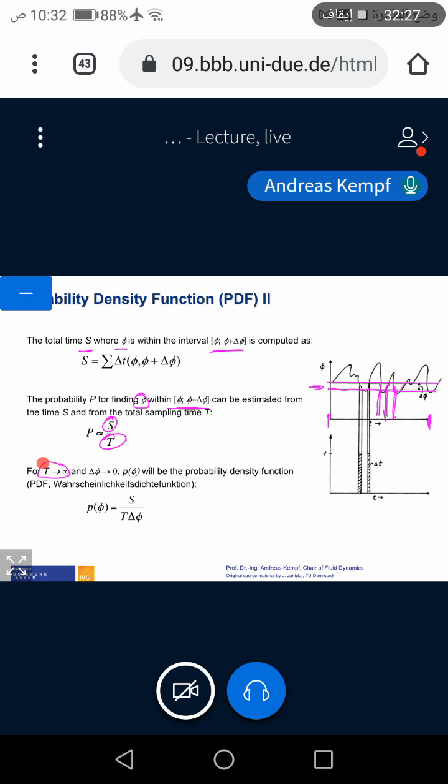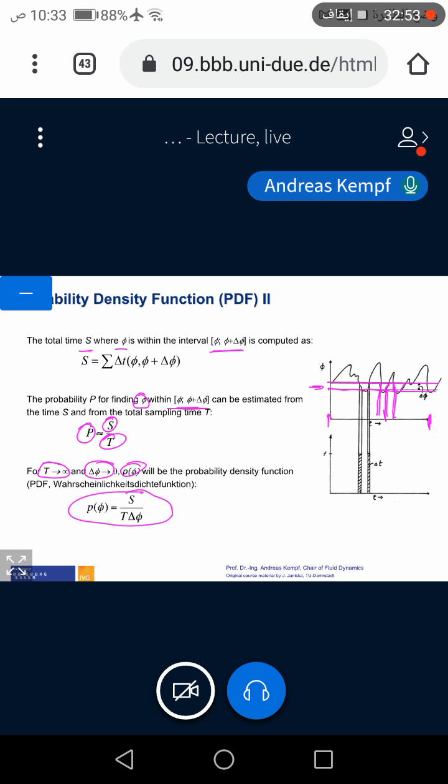If we now take T approaching infinity and delta phi, so the width of the interval, then this probability actually becomes the probability density of phi, or the probability density function. P of phi would be S divided by T divided by delta phi for delta phi approaching 0.